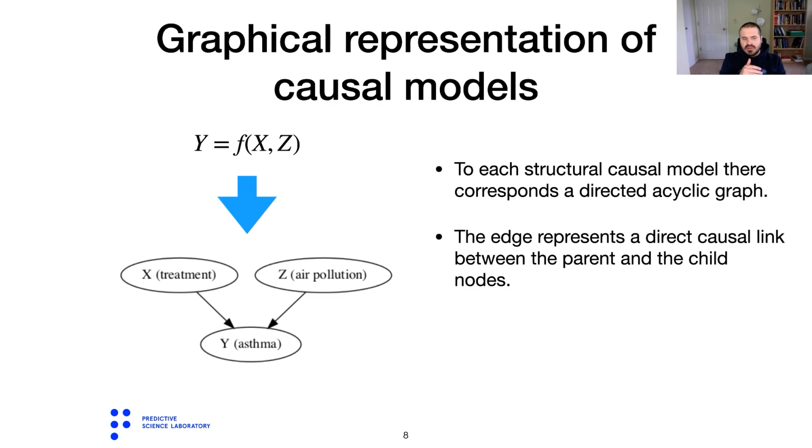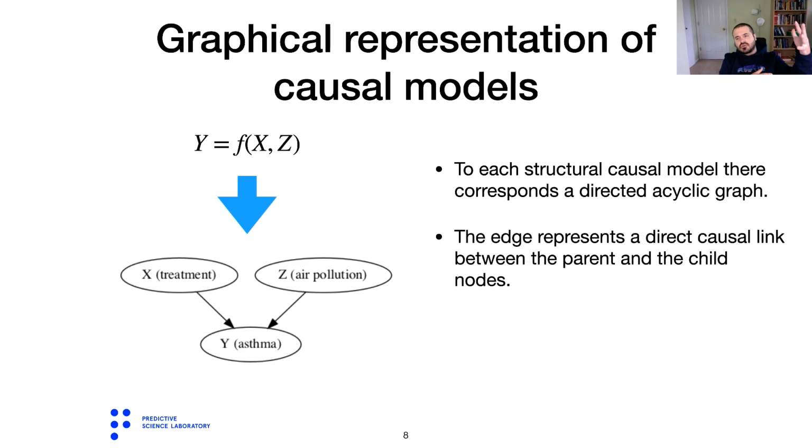So here, the treatment X is directly affecting whether or not a patient has asthma, Y. And the same thing happens between Z and Y. Z directly causes Y. But there's no connection between X and Z, and the absence of an edge means that we believe as researchers that there's no connection between X and Z. X does not cause Z and Z does not cause X. The two things are independent.